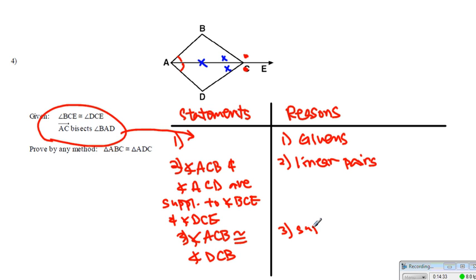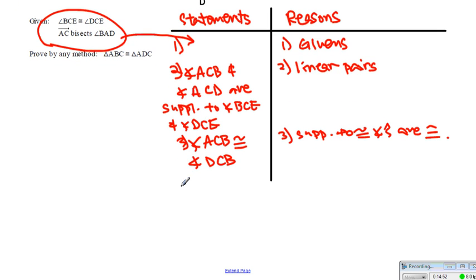Because supplementary to congruent angles are congruent. Now we have one more condition for us to talk about. The line segment AC. AC must be congruent to AC with a reflexive property.